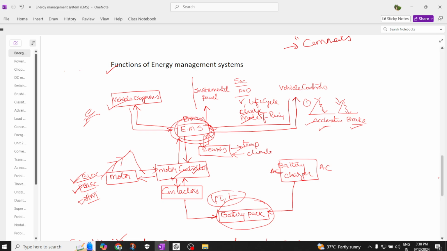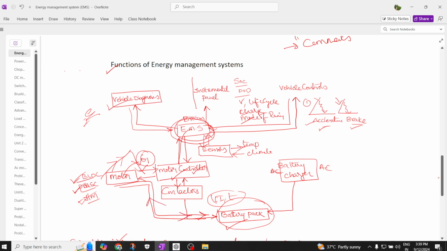When you are coming down the ghat road, this motor will act like a generator and generate power and send it to the energy management system, and the energy management system will charge the battery bank through the contactors. So this diverts the energy into the battery bank.